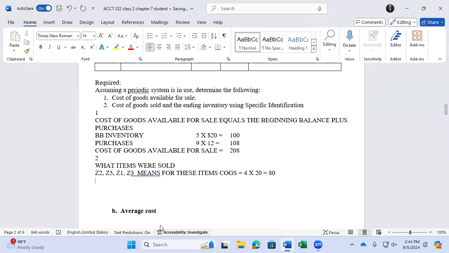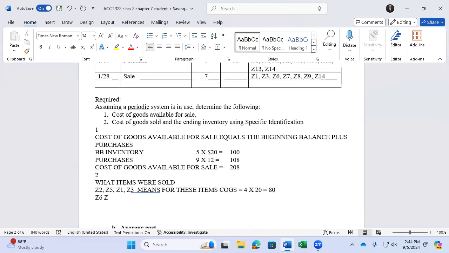So we have Z6, Z7, Z8, Z9, and Z14. Cost of goods sold equals 5 times 12, and that should be 60. And so my cost of goods sold should be 140.